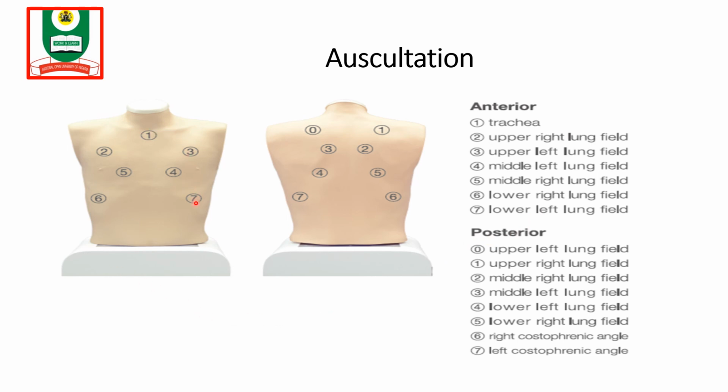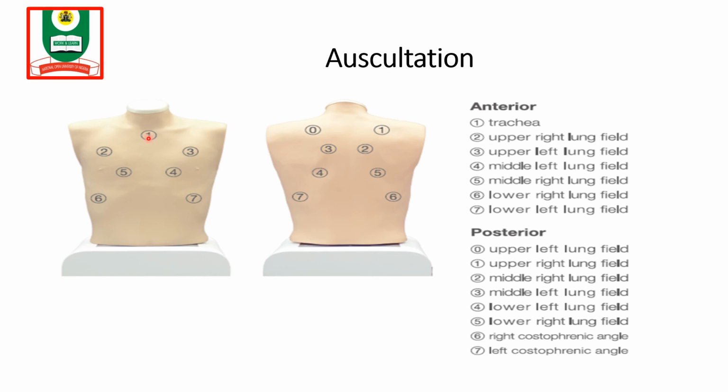From percussion, you percuss the lung, and when you discover any abnormal sound, instead of the normal sound which is resonant, for example hyper resonant, you will now move on to auscultation. In performing auscultation, you use your stethoscope. I hope you still remember from the previous slide the diaphragm and the earpiece. So you put the earpiece inside the ears, and you now place the diaphragm.